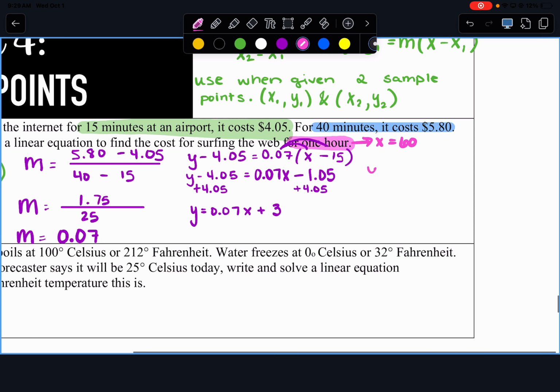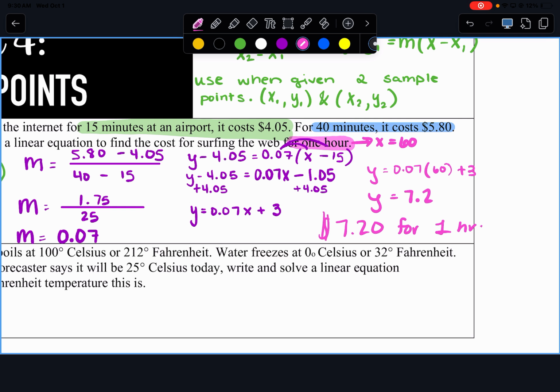So y equals 0.07 times 60 plus 3. That's 4.2, and then plus 3 is 7.2. And in context, that would be $7.20 for 1 hour.